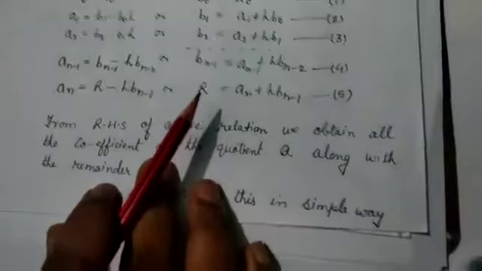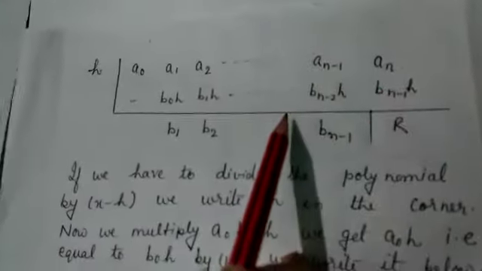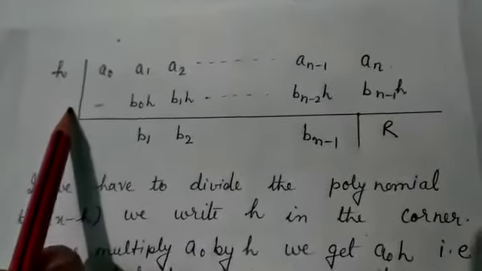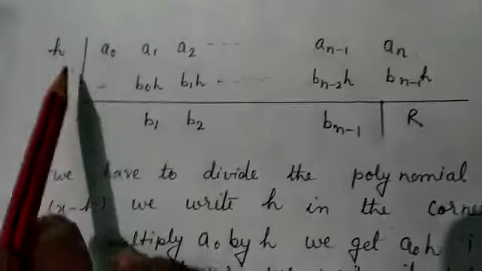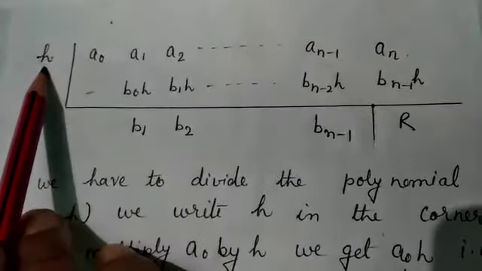On arranging this in a simple way, first we'll write the coefficients of the polynomial: a0, a1, a2, a(n-1), an. Then we'll write h in the left corner.